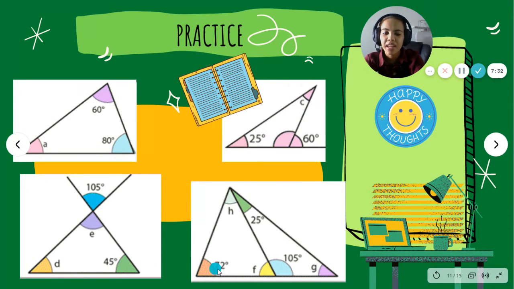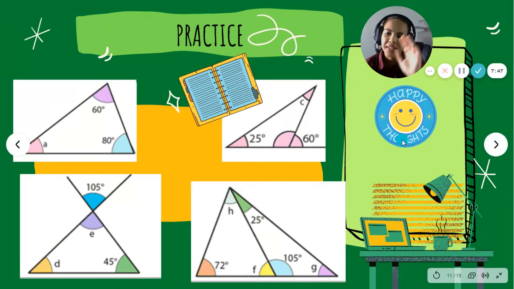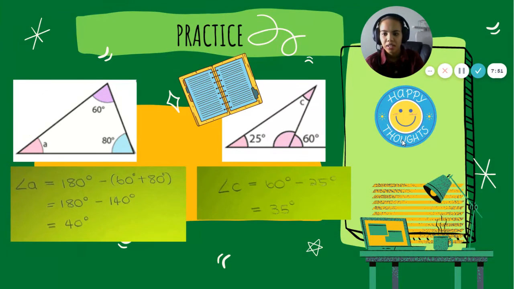E, D, F, G, and H as well. So again, just take your time, try to find those angles. Pause, take as much time as you need. Okay, so I'm moving on, but I want you to don't rush.